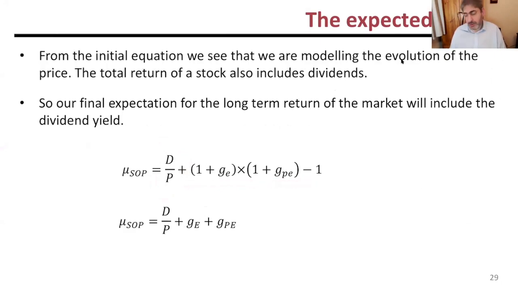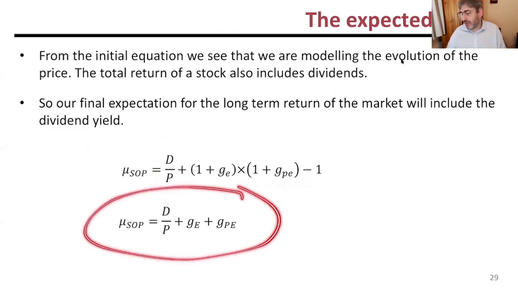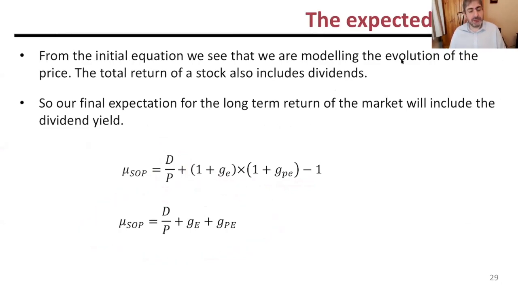Or, if you prefer, dividend to price plus the growth rate of earnings plus the growth rate of price-earnings. This is the sum of the parts, and in this simpler formulation it is exactly the model that we used before, plus this.